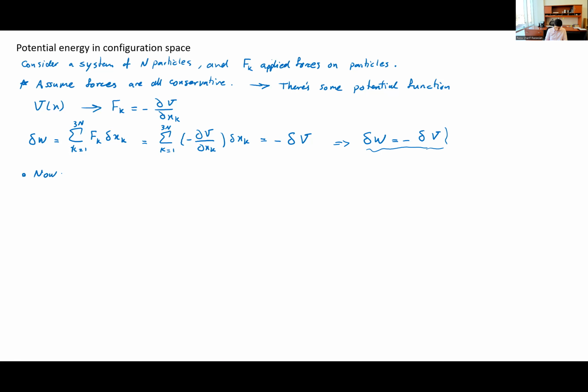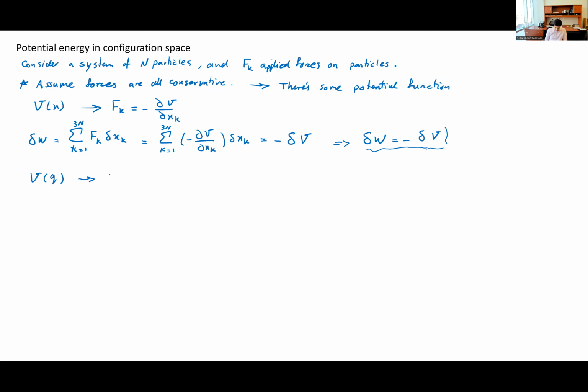Now let's write all of these as a function of our generalized coordinates. So instead of V being a function of x, now let's consider V as a function of our generalized positions.